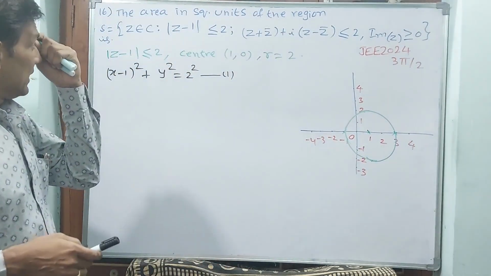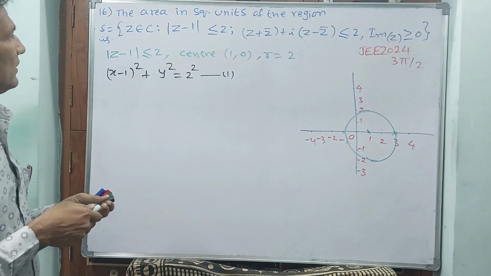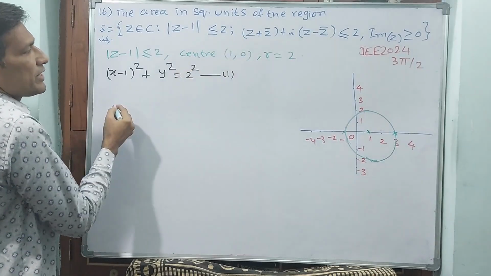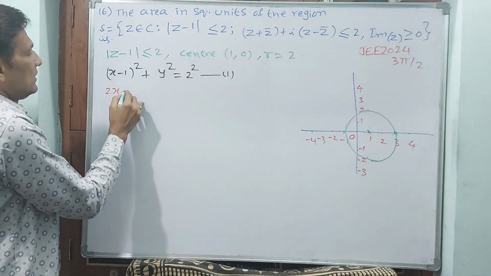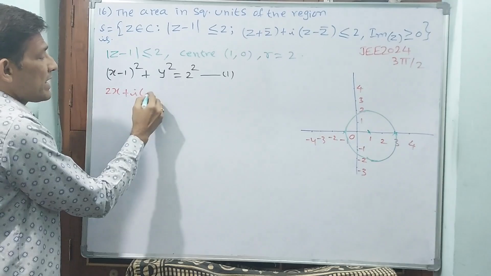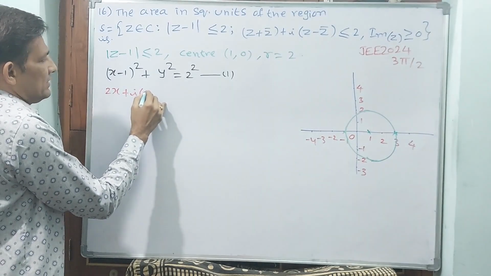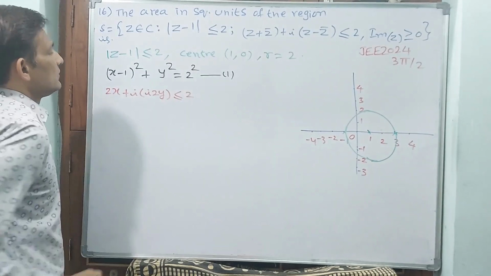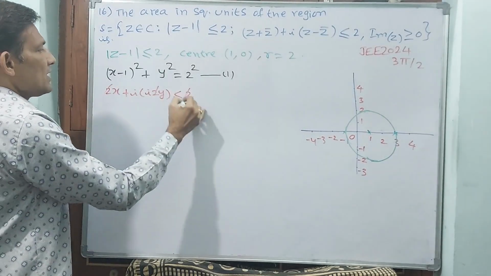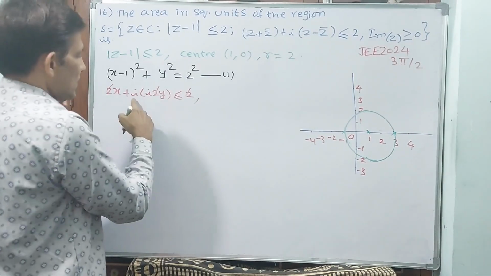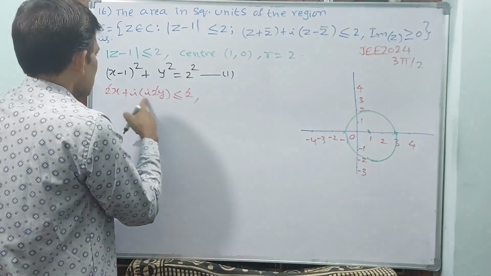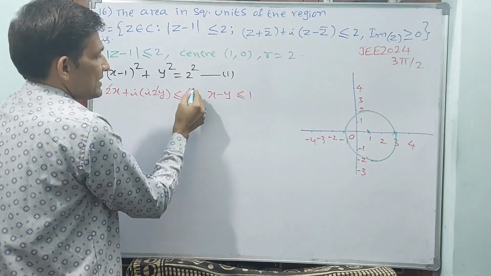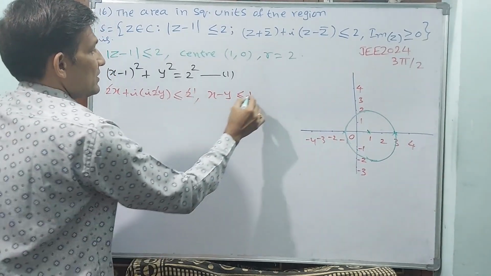Now go for the line next. What is this line? z plus z bar means 2x, plus i(z minus z bar), which means i times 2iy, is less than or equal to 2. If we cancel out the 2, see, i square means minus 1, so x minus y is less than or equal to 1. See, cancelling means 1 will come here. This is equation number 2.